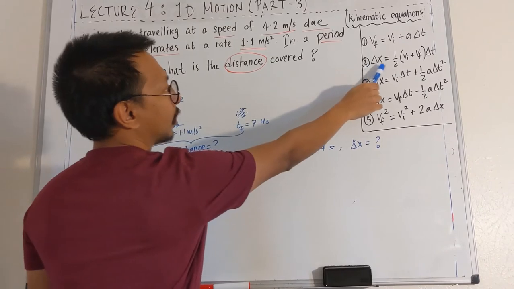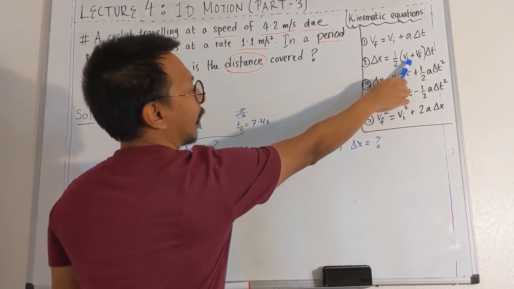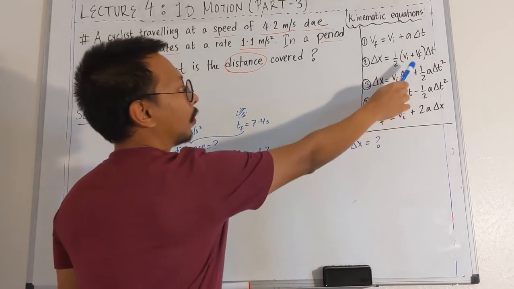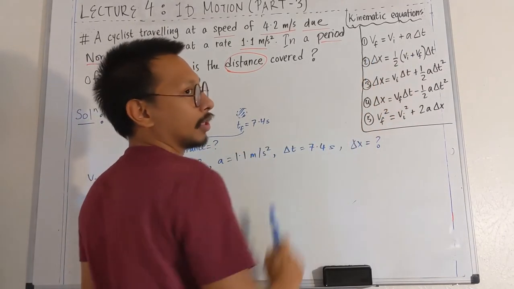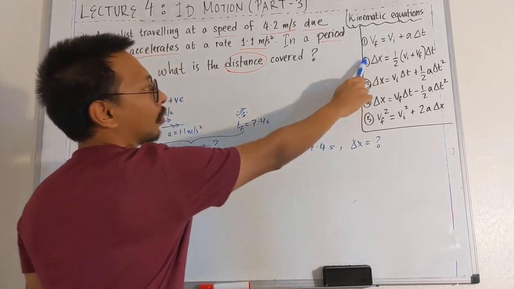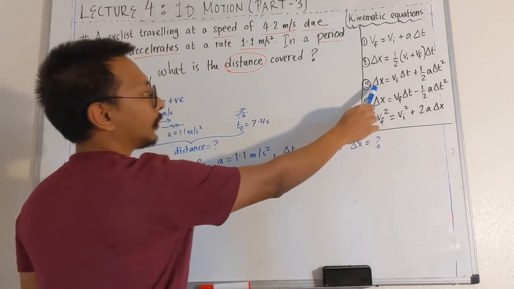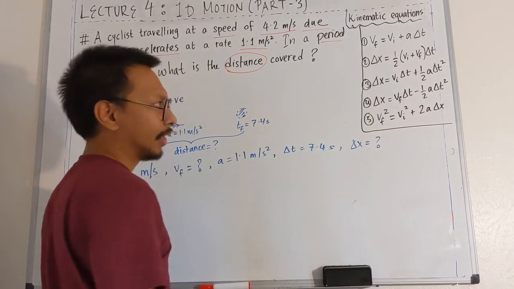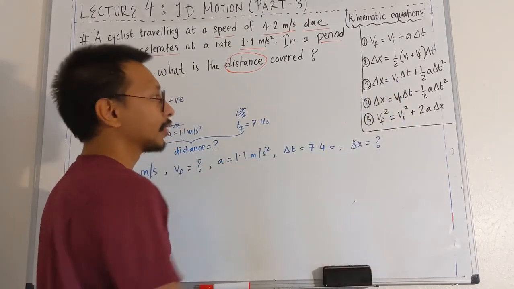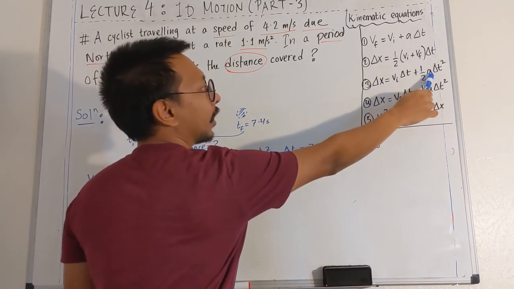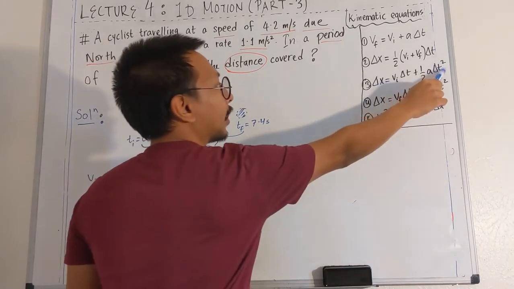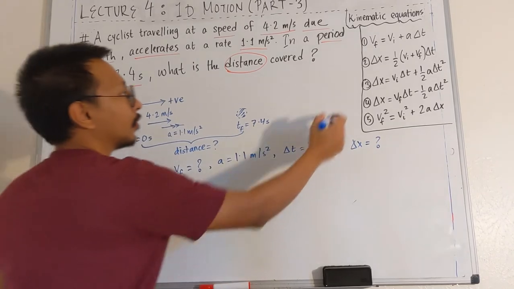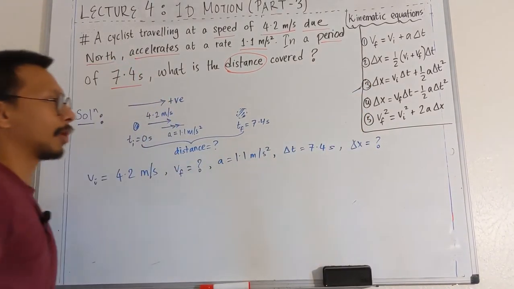This has delta x, so let's see. Vi, yes. Vf, we don't know Vf. So there are two unknowns in this equation. We don't want to go there. We won't solve this. Number 3, delta x, yes. Vi, yes. Delta t, yes. A, yes. Again delta t, yes. So this would suit our purposes.